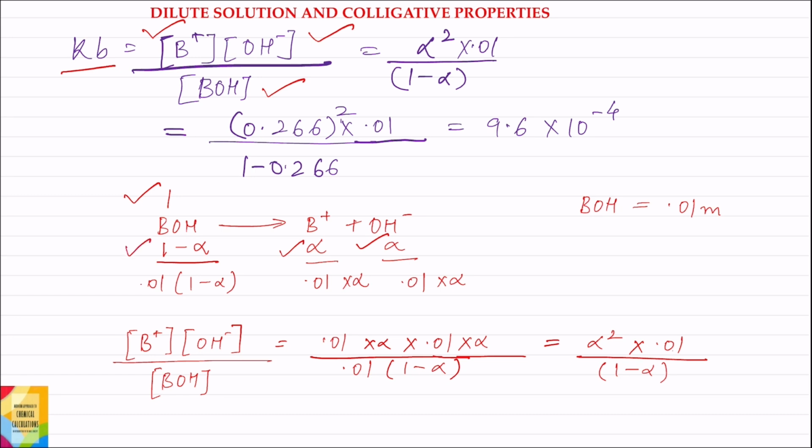But in the question it is given that the initial concentration of BOH is 0.01 m, which means the number of moles of BOH present in the solution is 0.01 moles.